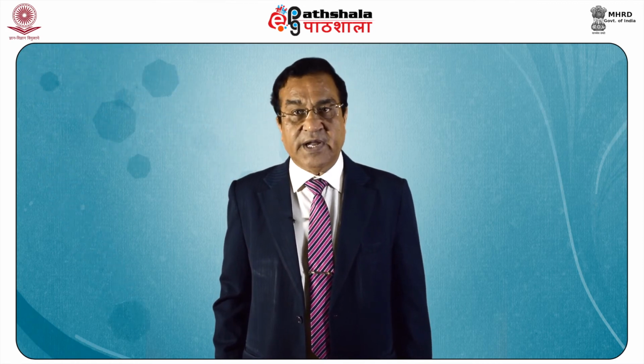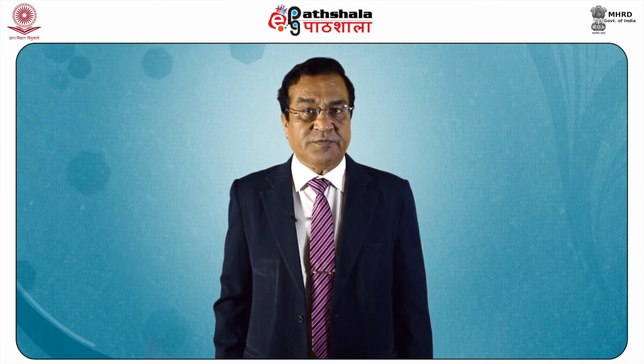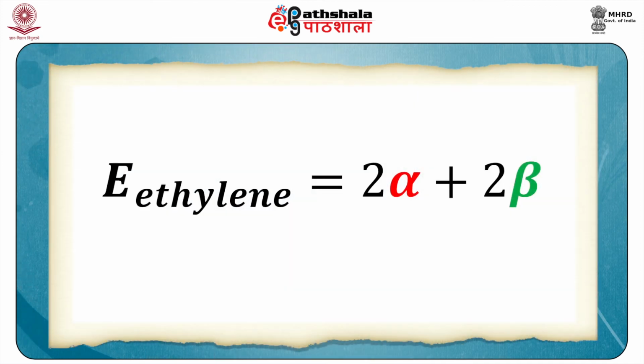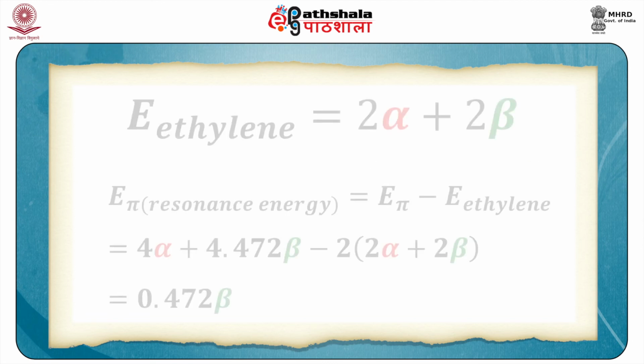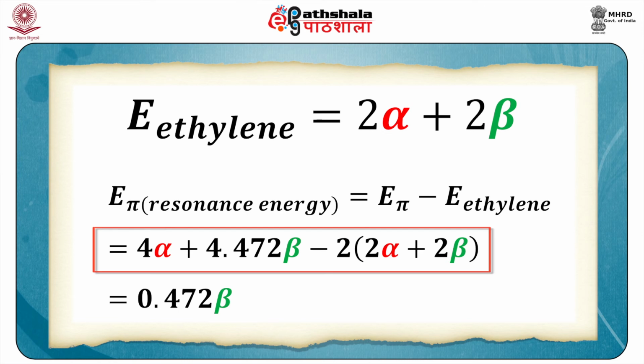You already know, and we have already calculated it earlier, that the energy of an ethylene molecule, that means a 2 pi electron system, is 2 alpha plus 2 beta. If we now compare it with butadiene, the corresponding resonance energy would be equal to the total pi electron energy of butadiene, which we have calculated is equal to 4 alpha plus 4.472 beta.